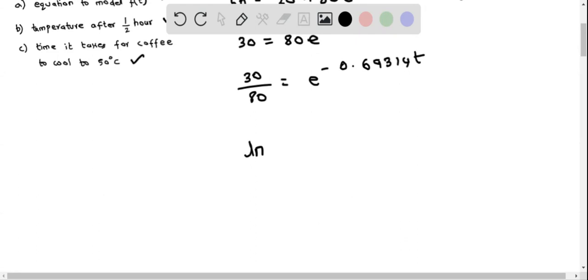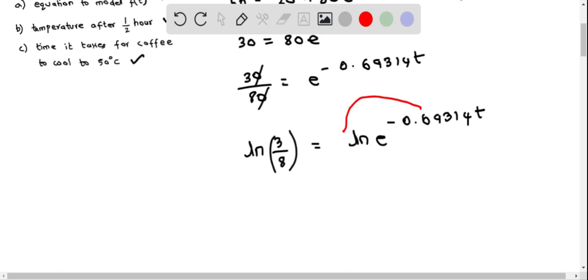In fact, this zero I can cancel. This is basically natural logarithm of 3 over 8 equals natural logarithm of e raised to the power of negative 0.69314 t. Using the properties of logarithm, we know that this comes in front and natural logarithm of e equals 1. So finally, we solve for t.